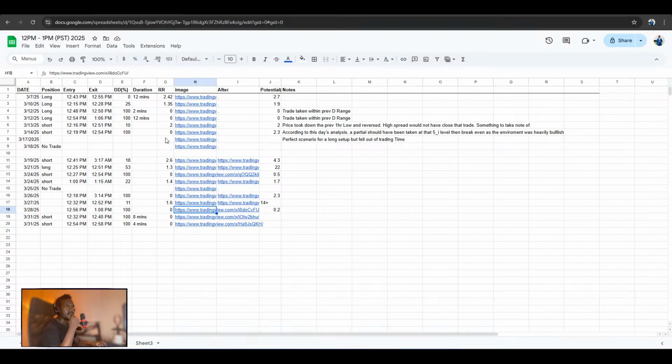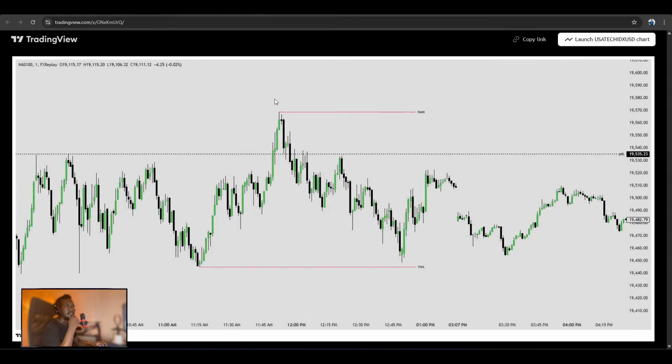So 3% for the month, but with what we are adding, we might, because these no trade days, they should be money days. Should be money days.